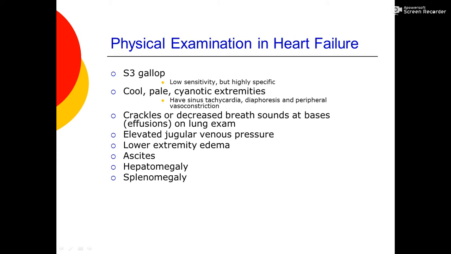Now come to the physical examination in heart failure. S3 gallop has low sensitivity but is highly specific.